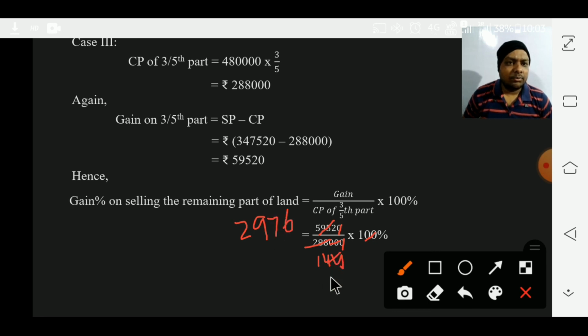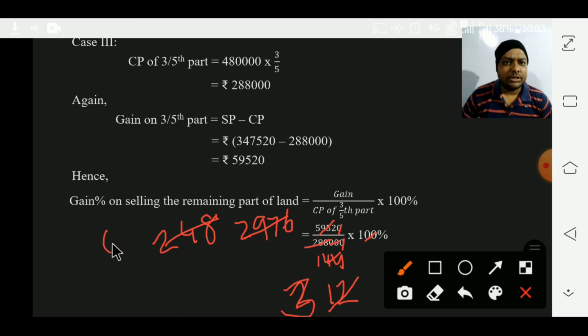Again both are divisible by 12. 12 12 ja 144. 12 2 ja 24, 5 7. Then 12 4 ja 48, 9 6, 12 8 ja 96. Again is it divisible by 12? No. Divisible by 6? Yes. 6 2 ja 12. No, it is not divisible by 6. 4. 4 3 ja 12 and 4 6 ja 24, 4 2 ja 8.